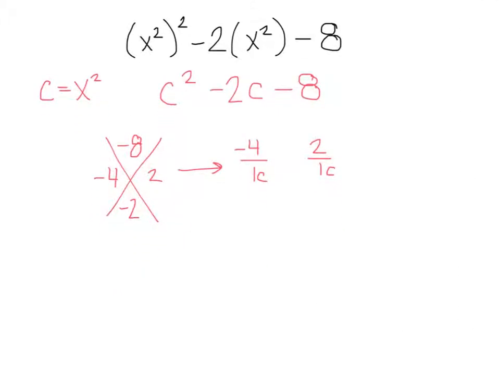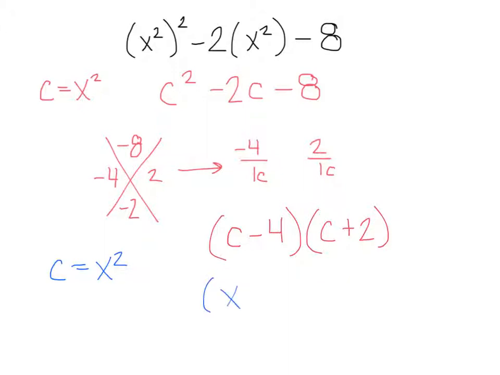So now we can write them as our factors: c minus 4 and c plus 2. So x squared minus 4 and x squared plus 2. So now reverse and put x squared back in. So we get x squared minus 4 and x squared plus 2.